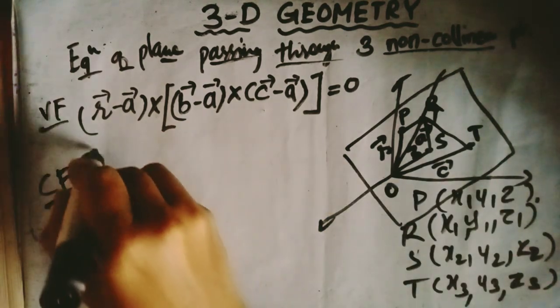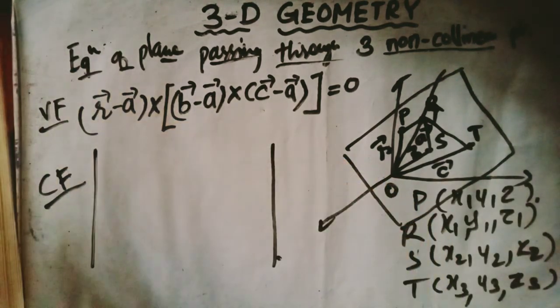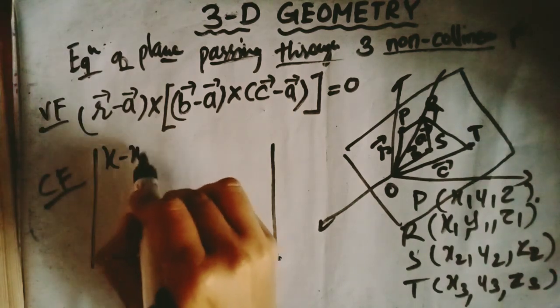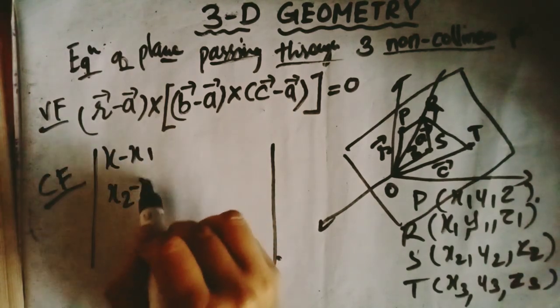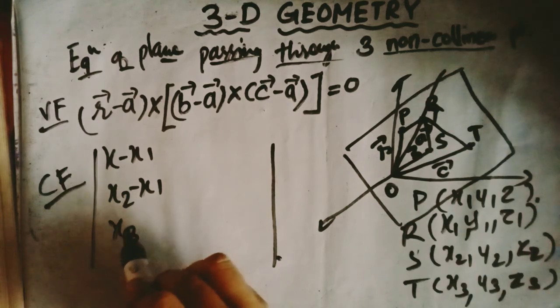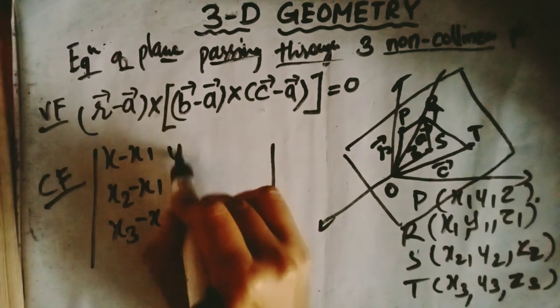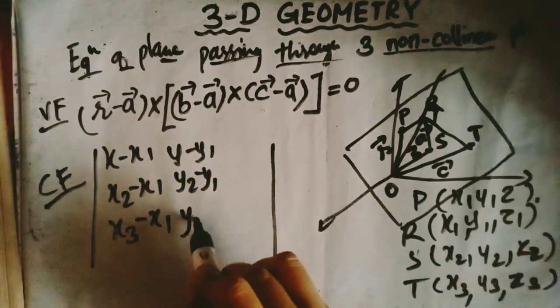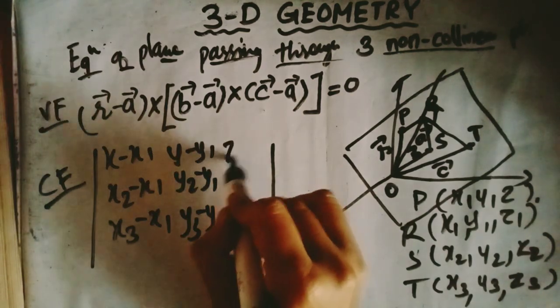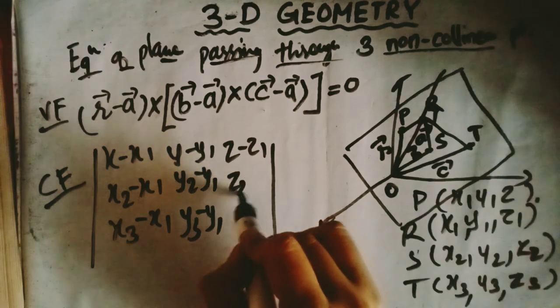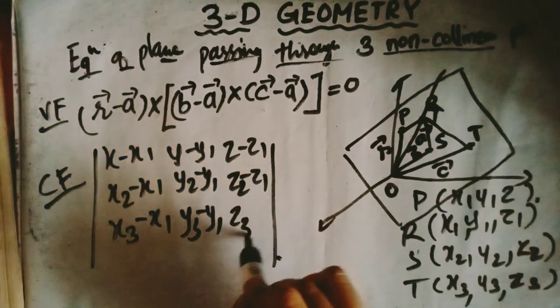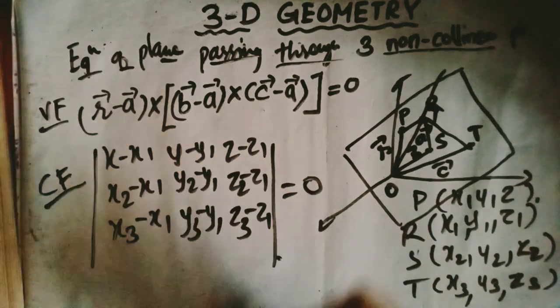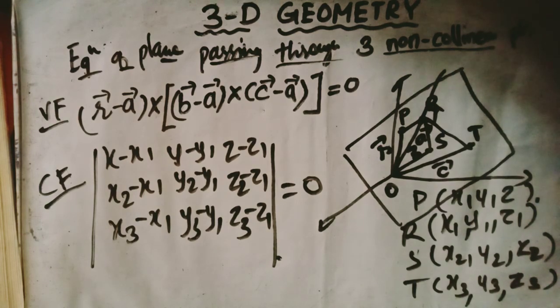Then the Cartesian form is given by a determinant: x - x1, x2 - x1, x3 - x1; y - y1, y2 - y1, y3 - y1; z - z1, z2 - z1, z3 - z1, equal to 0.